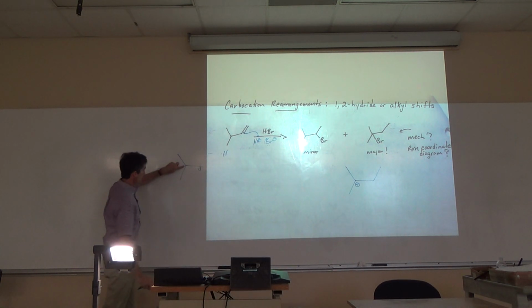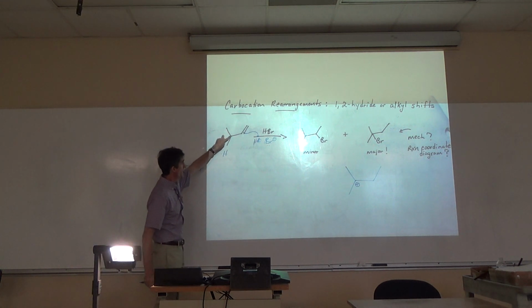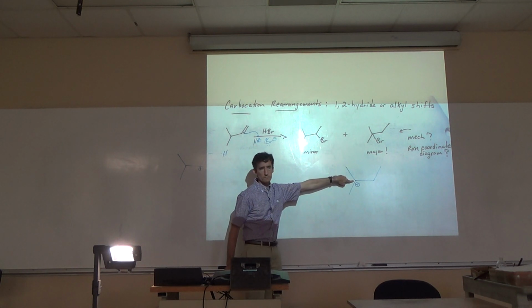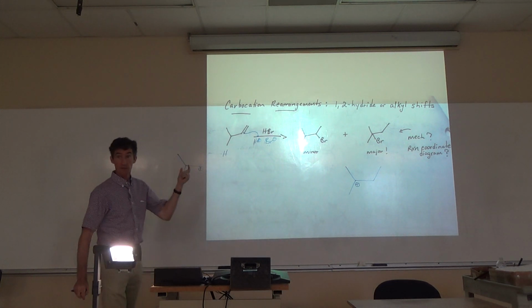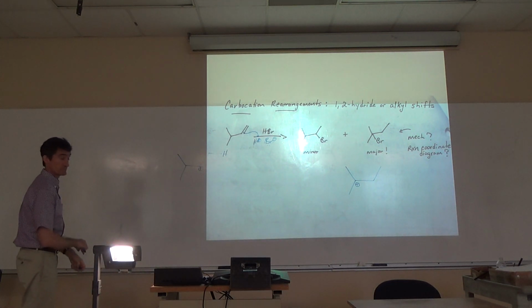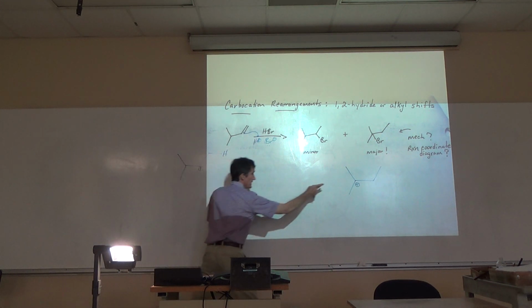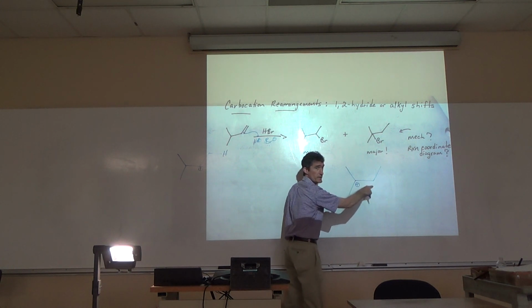How many H's on this carbon here? 1. 1 there, 1 there. How many here? 0. If it was 1, it would not be a positive charge. The only way for that to be a positive charge is there to be no H there. We've got 1 here. There's none here. It's like we lost an H here, and we gained 1 over here.